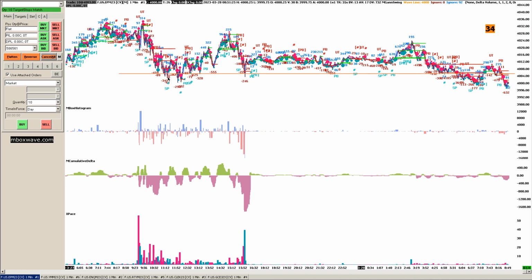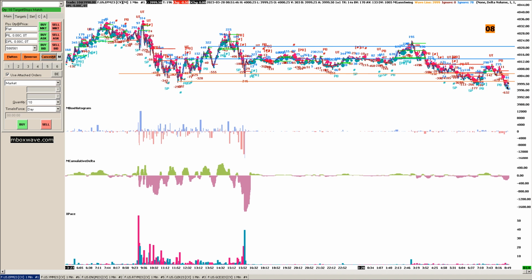This is like the low of the previous day. And price got stuck around this level here. And then we had this level here. I think that's it for now.